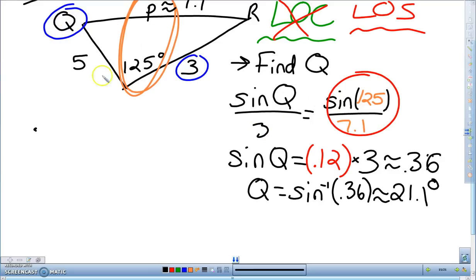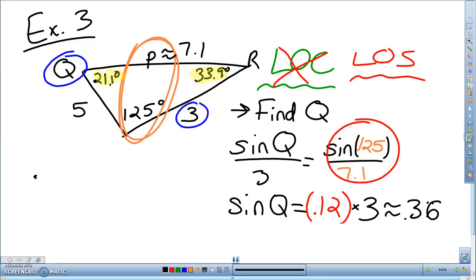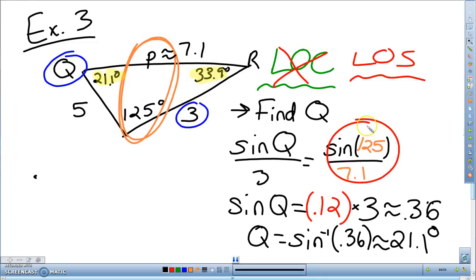And then I've got my angle side pair that I need to fill in the other ratio. So if I do my math, all I did was multiply by 3 here. I'm going to go fast because I'm running out of time. But if you do your order of operations right, and then do your sine inverse of this, then you should get 21.1 degrees. And then once you fill that in, you can get your other angle.